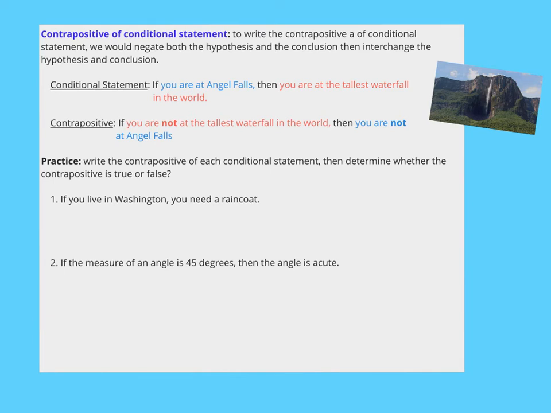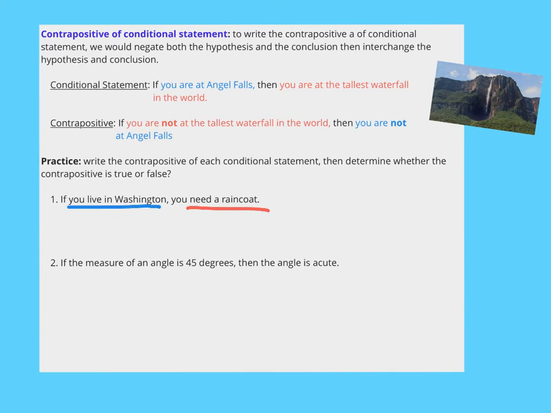So we're going to practice writing the conditional statement and determine whether it is true or false. So we have the statement here: if you live in Washington, that's our hypothesis, the conclusion is you need a raincoat. So if we want to write the contrapositive, we're going to need to negate both and interchange it.